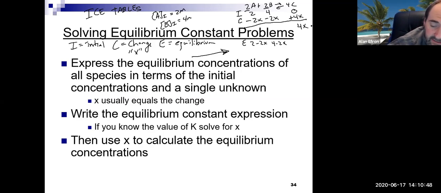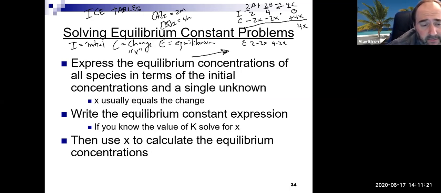But if you're asking how we got the 2x and 2x and 4x in the table, the 2 and the 4 come straight from the coefficients in the balanced equation. It's just like the mole to mole relationship you would use in stoichiometry. That's where the 2 and the 4 come from for the x, and that's really important to do so you get the right mole to mole relationship. It comes just from the balanced equation and the coefficients.